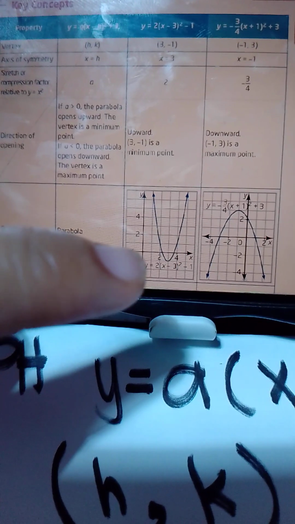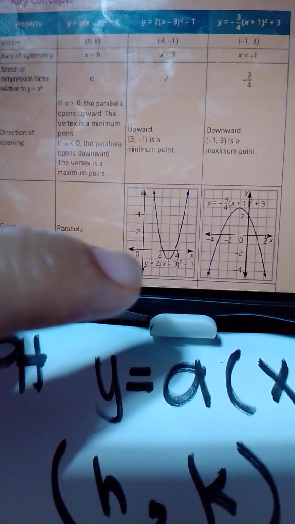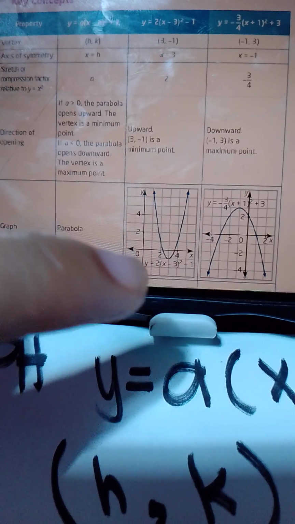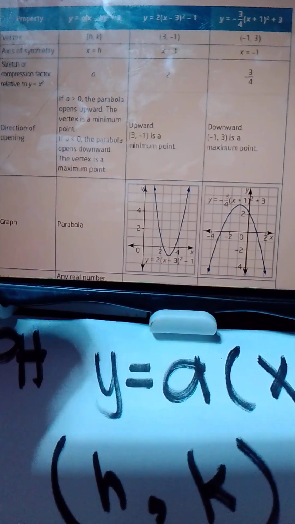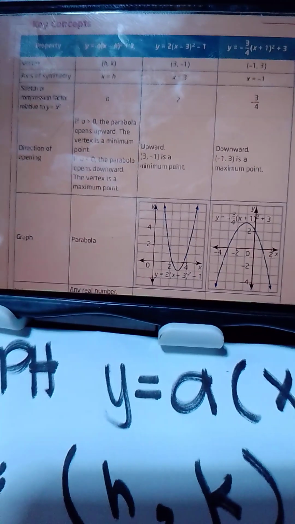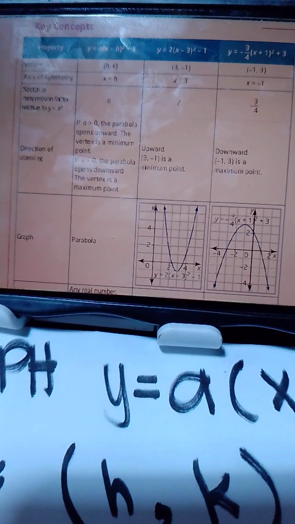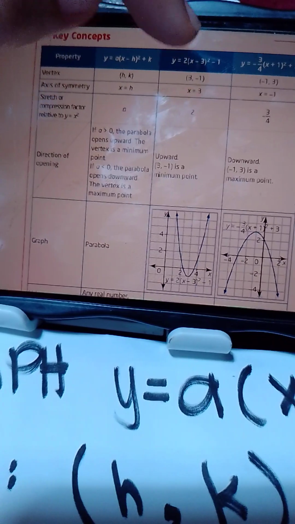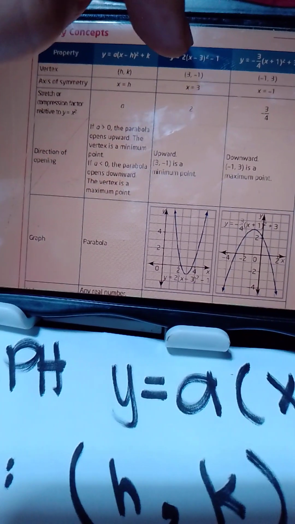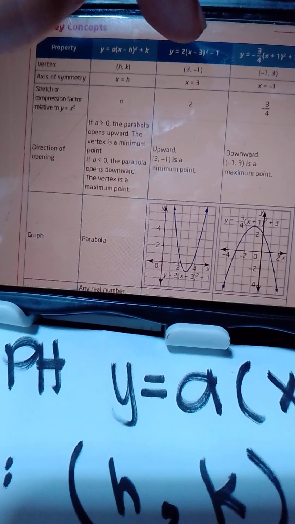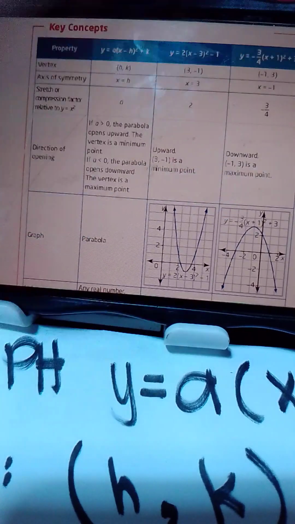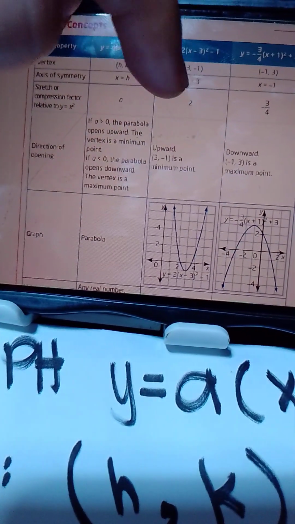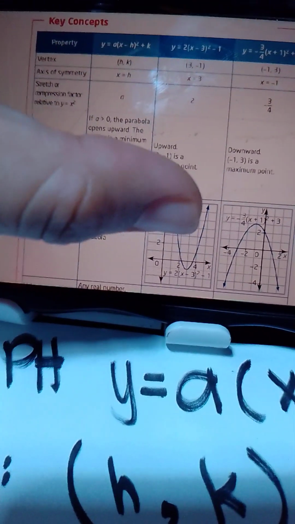Then for the y, we're going to go downward and then graph. That is the graph of the first equation. It is located to the right since x equals 3.